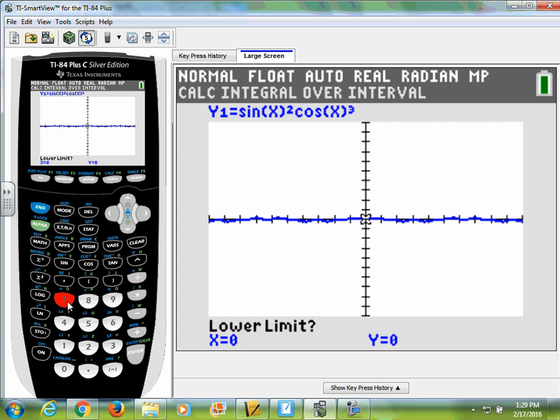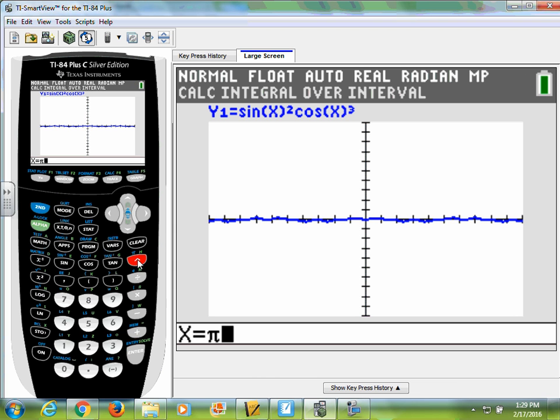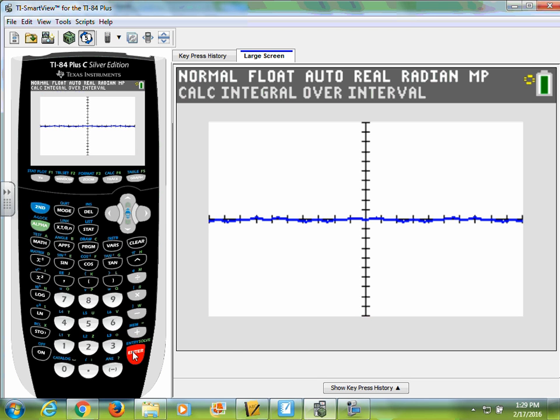Our lower limit in this case is 0. Our upper limit in this case is pi. And so our area from 0 to pi is a very tiny area.